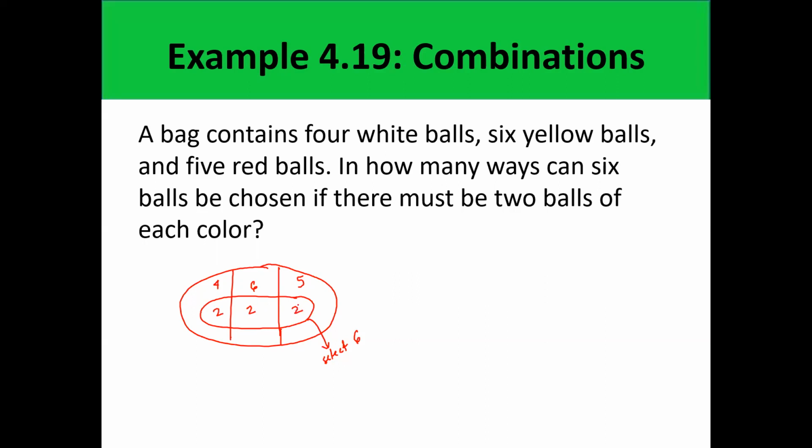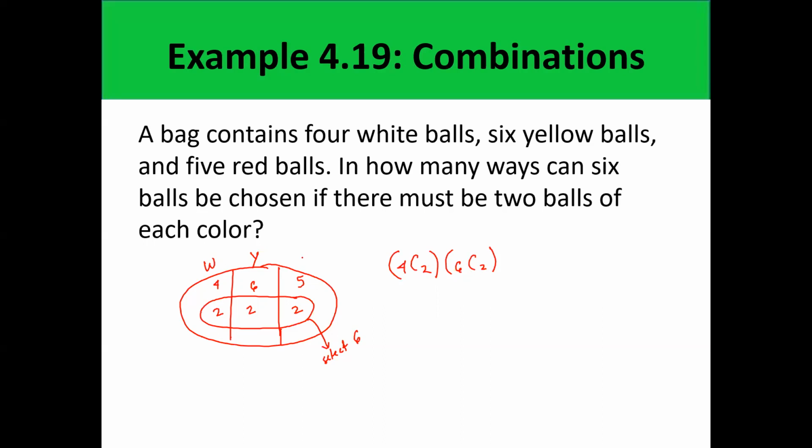Since we're selecting the balls and not arranging them, the number of ways of selecting 2 white balls from the 4 white balls is 4 combination 2. The number of ways of selecting 2 yellow balls from the 6 yellow balls is 6 combination 2. Using the multiplication rule, we multiply these two combinations.